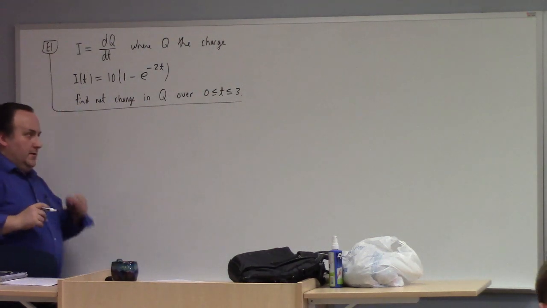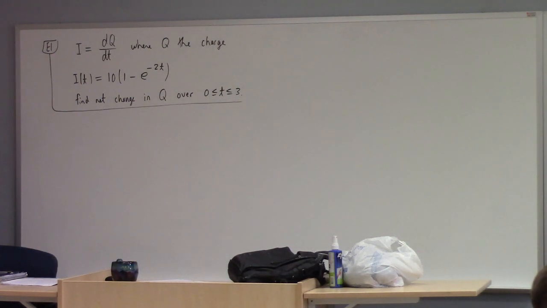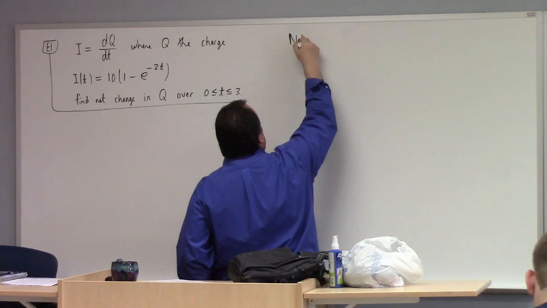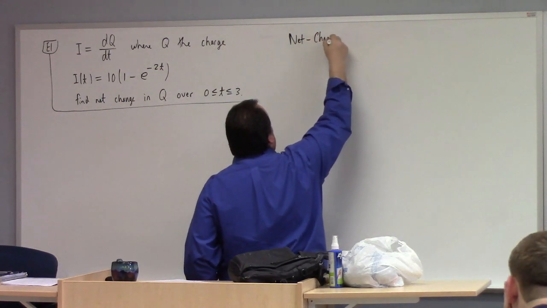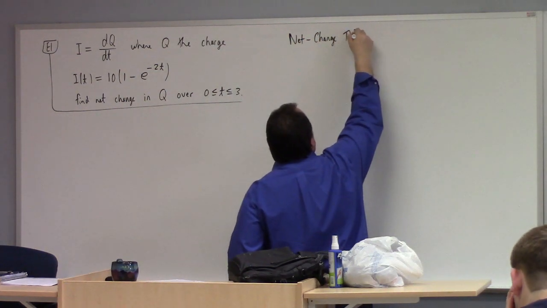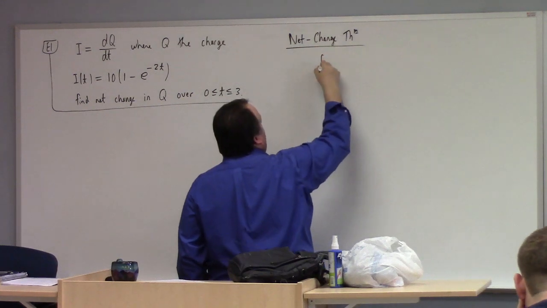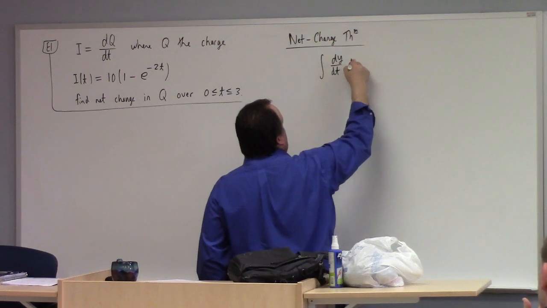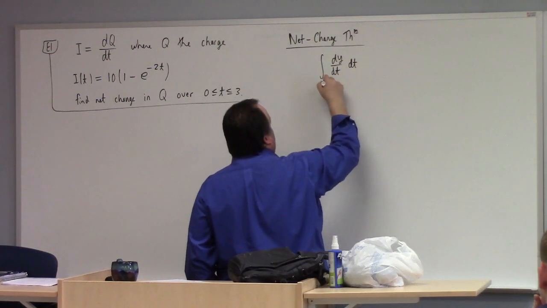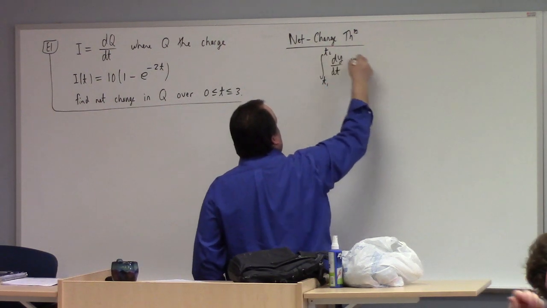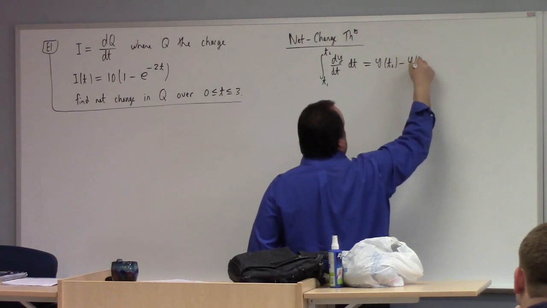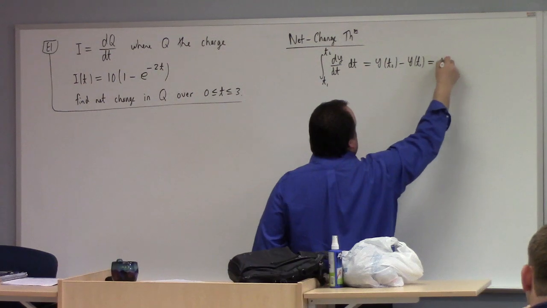One of the applications of the fundamental theorem of calculus is what's called the net change theorem. It simply says this: if you integrate the rate of change of y, like dy/dt, from say t1 to t2, you get y of t2 minus y of t1, which of course is the change in y.